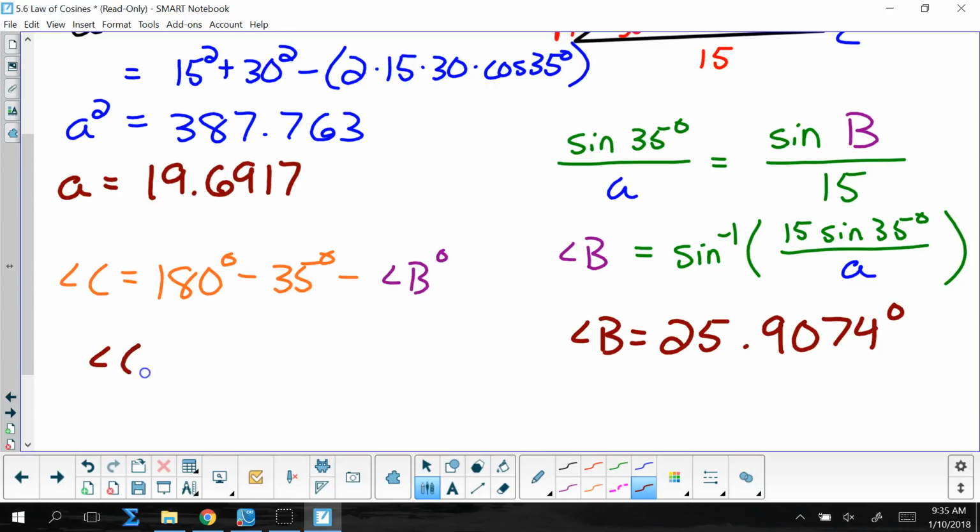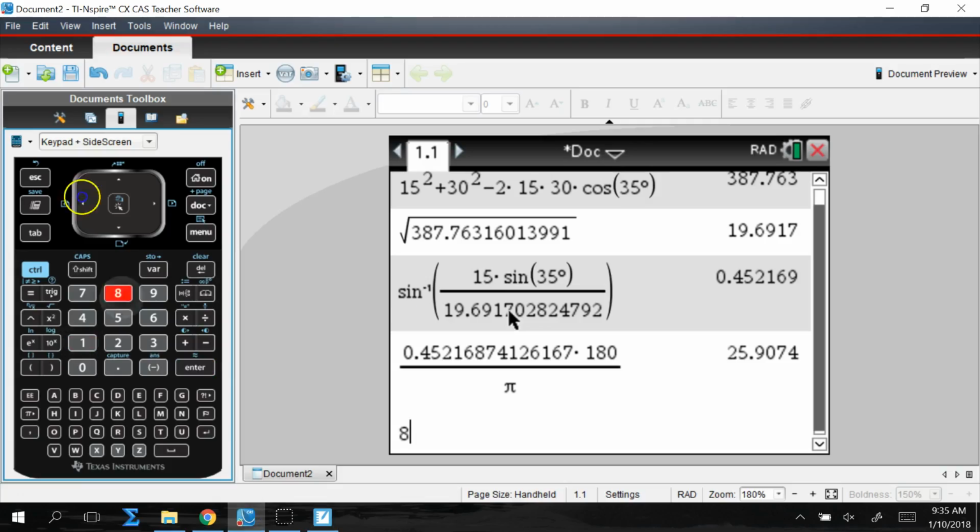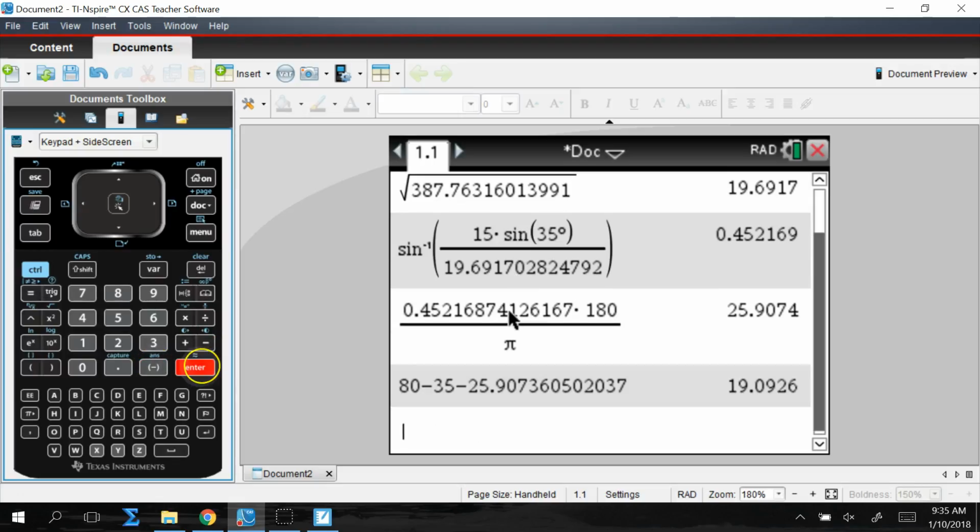So angle C here is going to equal, I get 119.093 degrees. On the calculator, 180 minus 35 minus my answer.